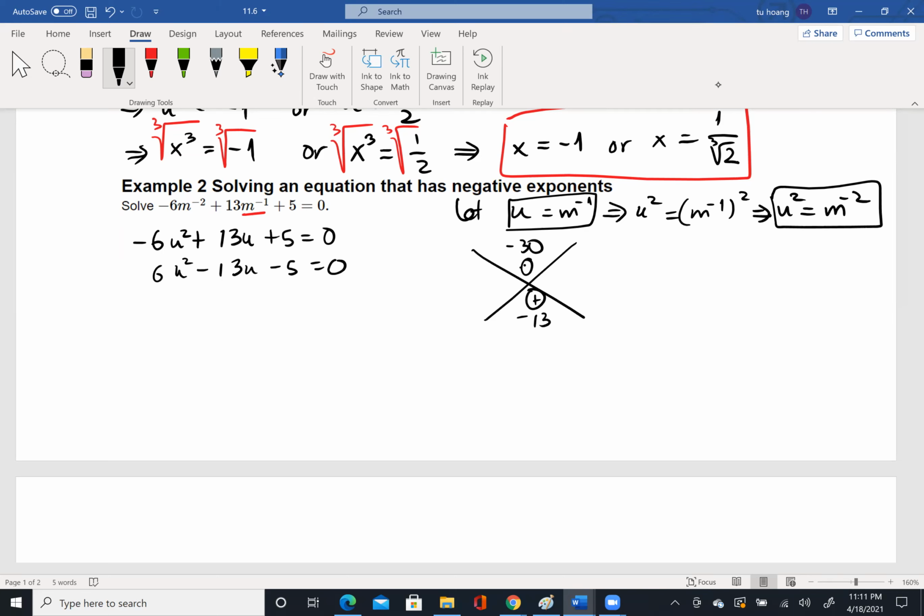Let's say 15 and 2, yes. Negative 15 and 2. Okay, that's better.